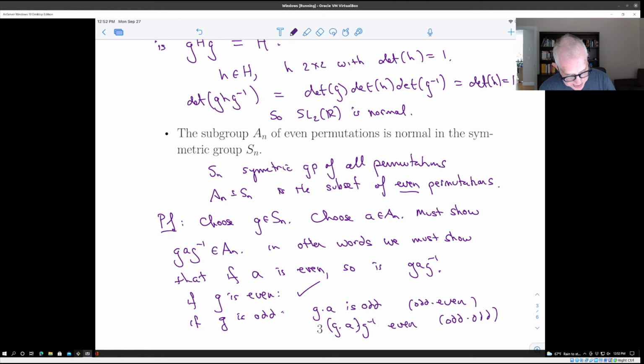GA we just said is odd, and G inverse is also odd. So when you multiply odd permutations together, you get an even permutation, and you conclude that GAG inverse is even. So no matter whether G is odd or even, if A is even, it stays even, and therefore the alternating group is a normal subgroup of the symmetric group.